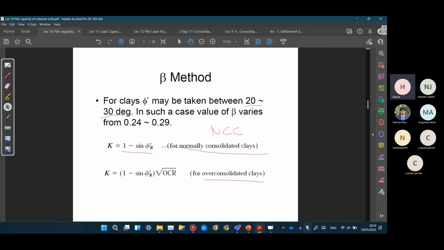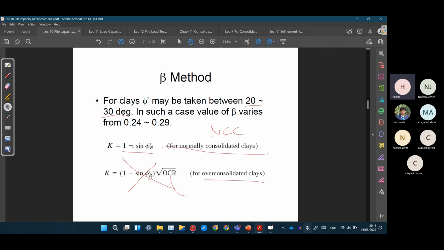For OCCs we'll discuss this in the consolidation part. So we do not need to use this equation, but if we want to be more accurate, we can use it. Otherwise, if we assume the soil is NCC and use the above equation, we are simply a bit more conservative. If they specifically mention in the question that OCR is equal to some value, then use this equation.